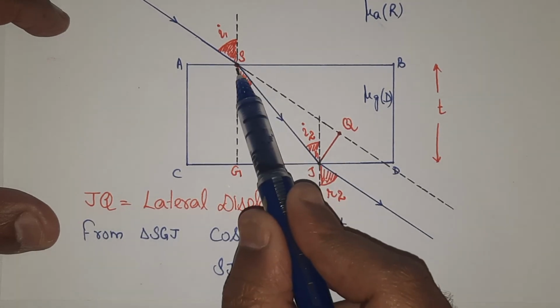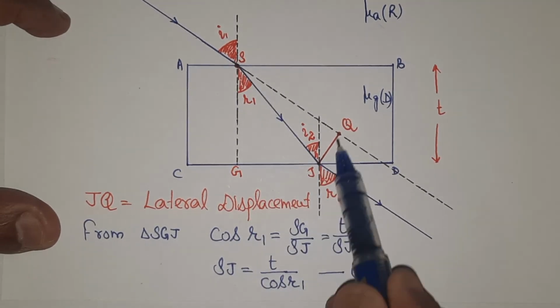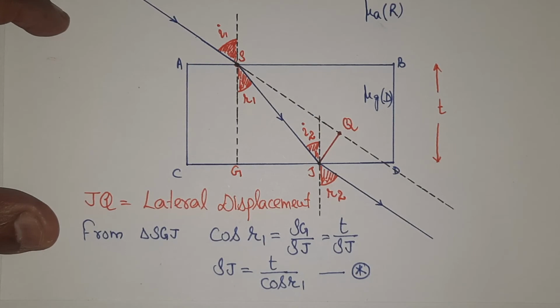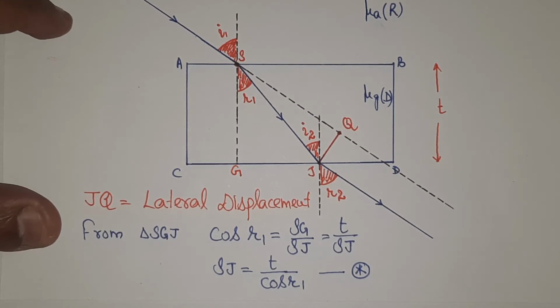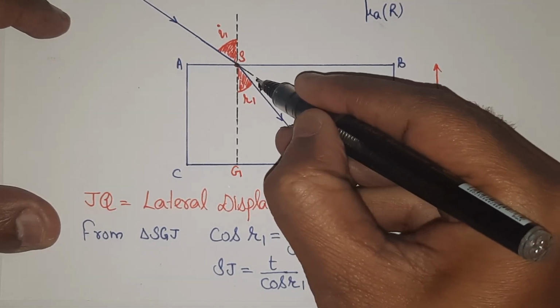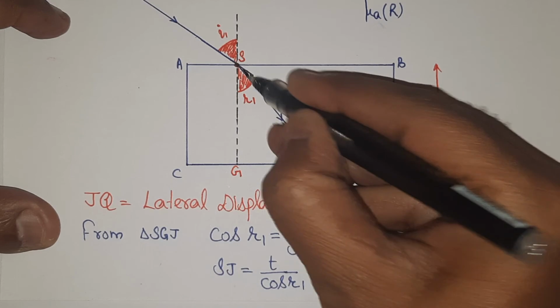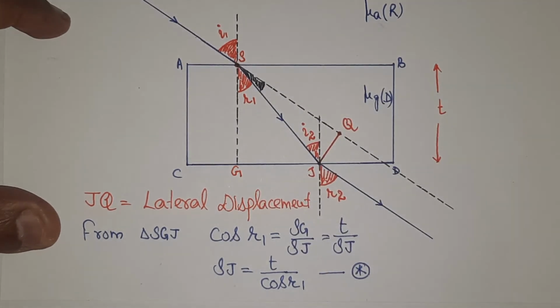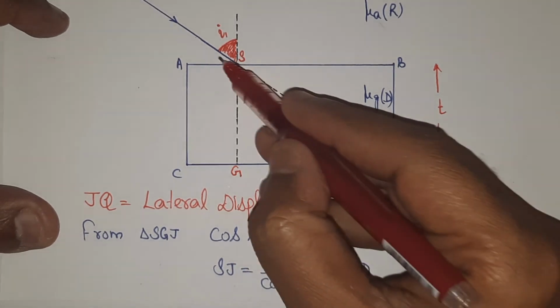So now concentrating on triangle SJQ. To concentrate on this particular triangle, we need to know the value of this particular angle. We have to find the value of this angle. Now just see. This angle is I1.